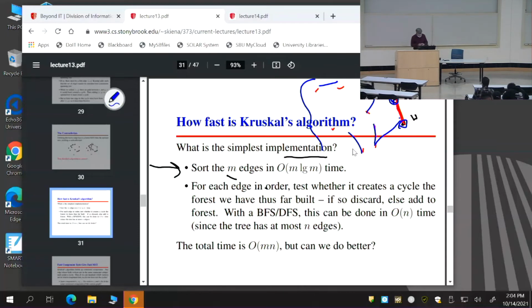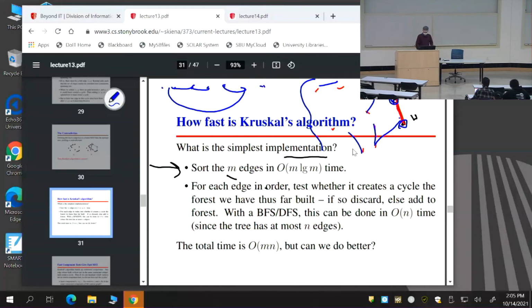In an empty graph, every vertex is in its own component. Every time I add an edge, I reduce my number of connected components. Maybe I'm going to reduce it by just adding a vertex to an existing one, or I'm going to be taking two big components and adding them. So the real question is whether or not the two endpoints are in the same connected component.